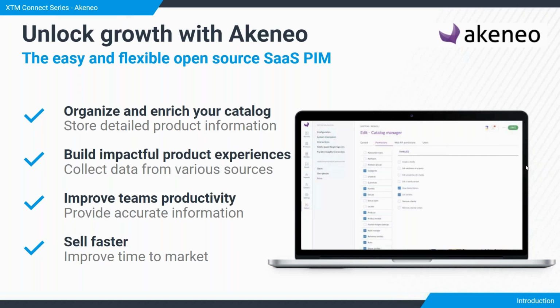Very handy when it comes to e-commerce solutions, for example. It helps you build impactful product experiences, collecting data from different sources. It helps improve your team's productivity, providing accurate information, and it also helps you sell faster, right? Improving time to market.